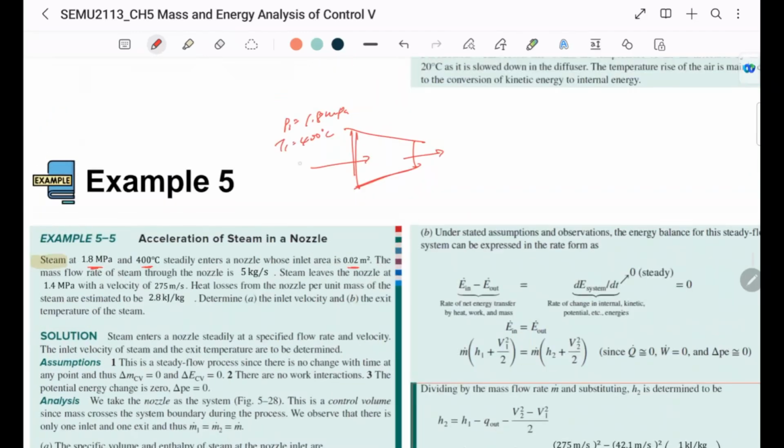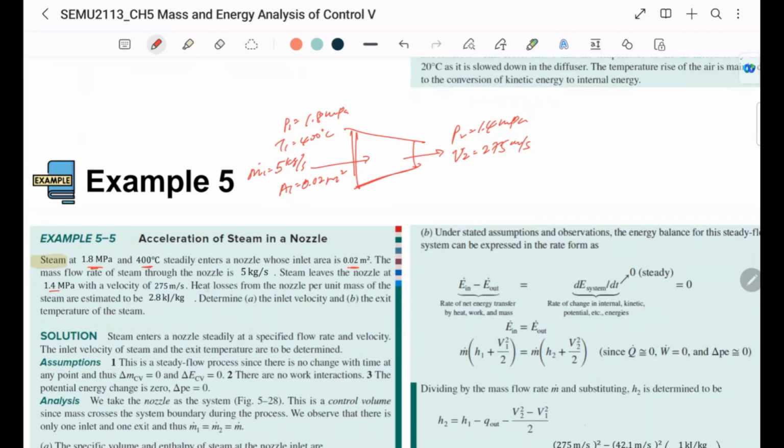Area is 0.02 meter square. The mass flow rate is 5 kilogram per second, so M1 is 5 kilogram per second. The steam leaves the nozzle at 1.4 megapascal, so P2 is 1.4 megapascal. Velocity is 275 meter per second.